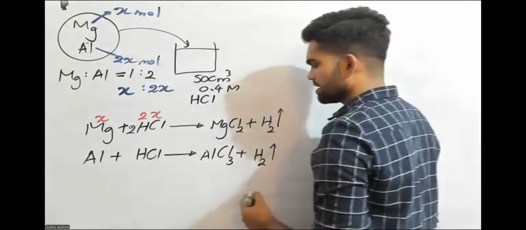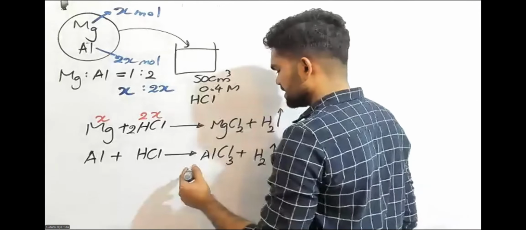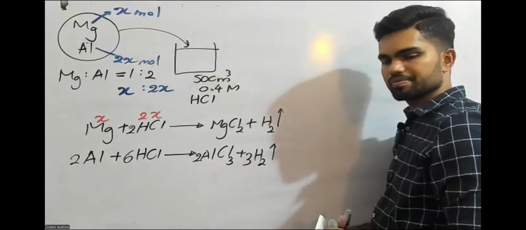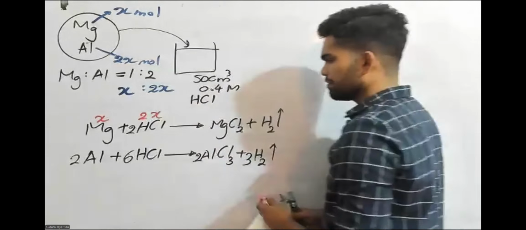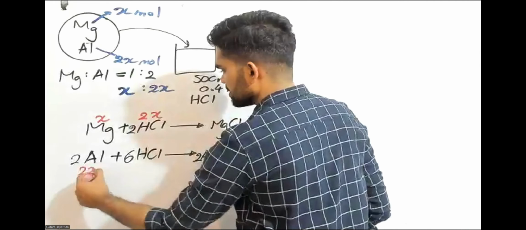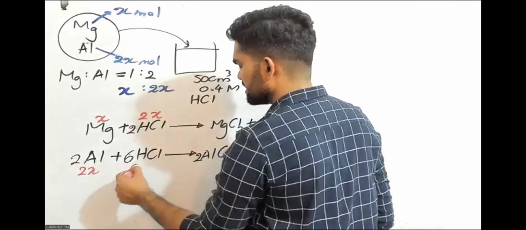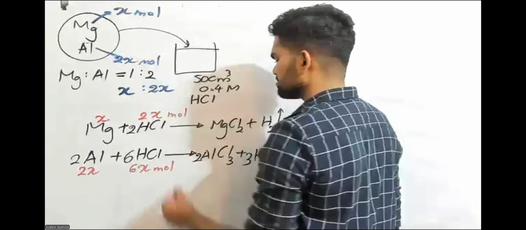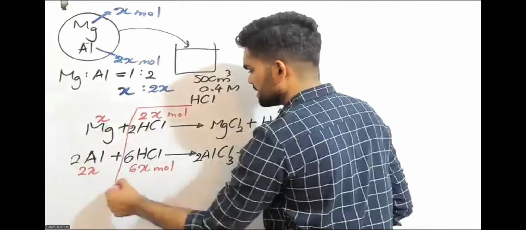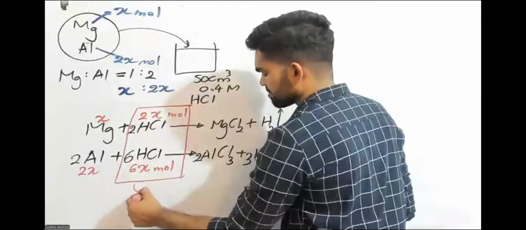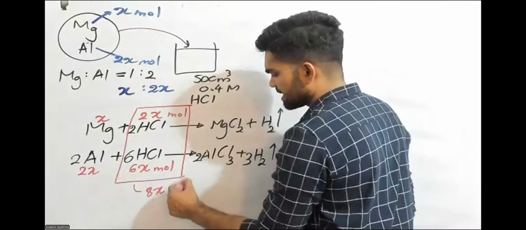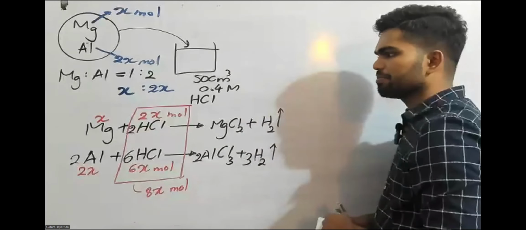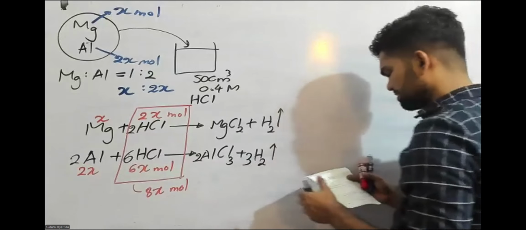To balance this one, we'll be needing it like this, by the inspection method. And if it is having 2x moles, now you can see we'll be needing 6x moles of HCl also. So altogether, how many HCl moles are spent? 8x moles are reacted. Is that clear, Lama? That part, right?